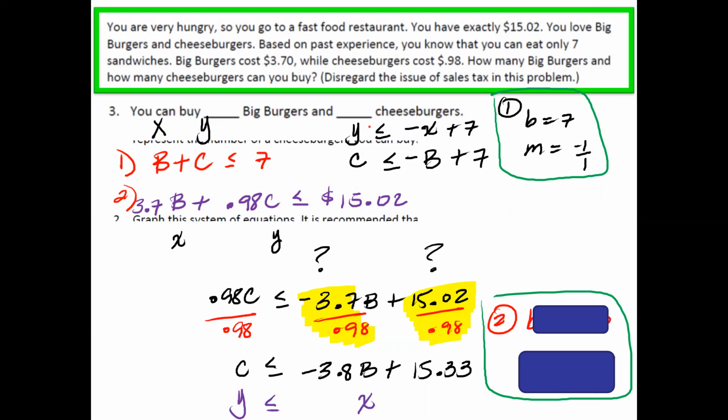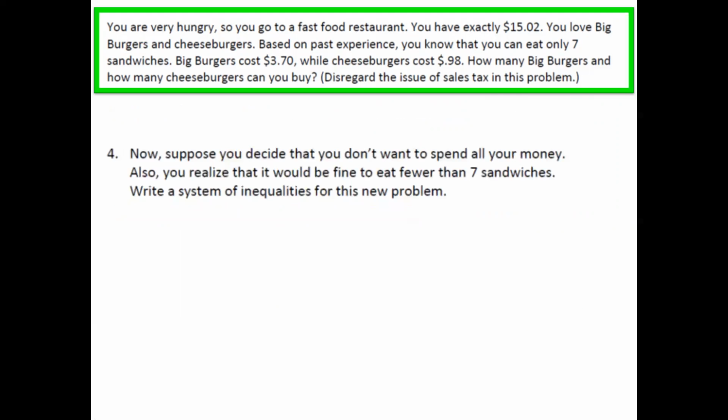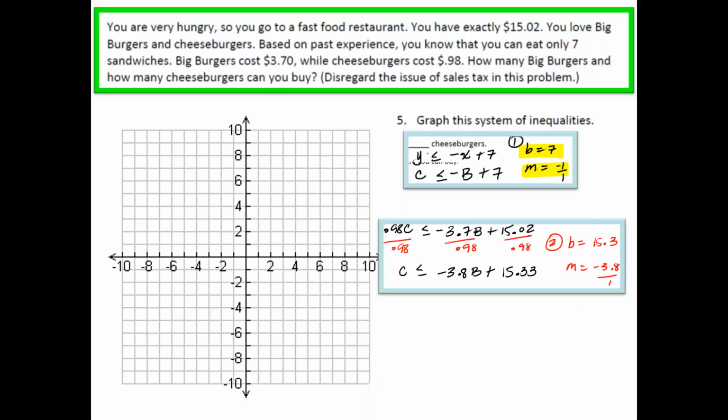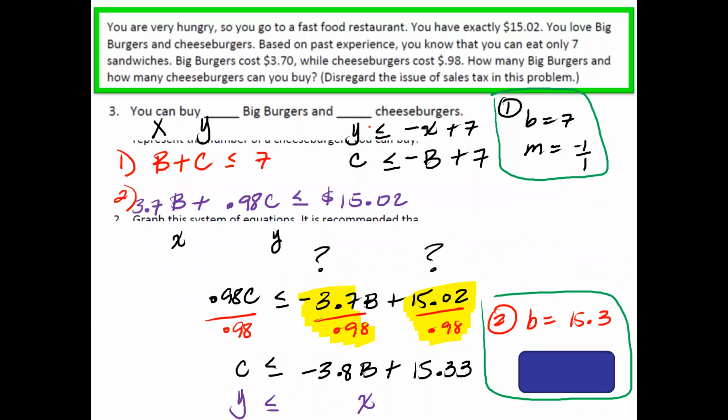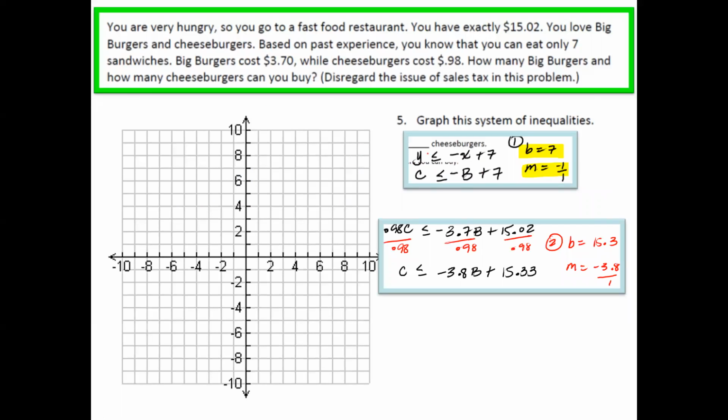If we were to graph this, we would have to solve for C or solve for B, and one of them will be in the form y equals mx plus b.